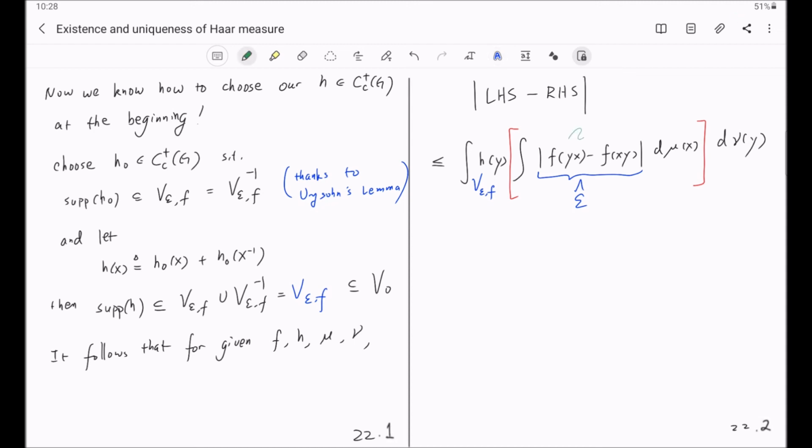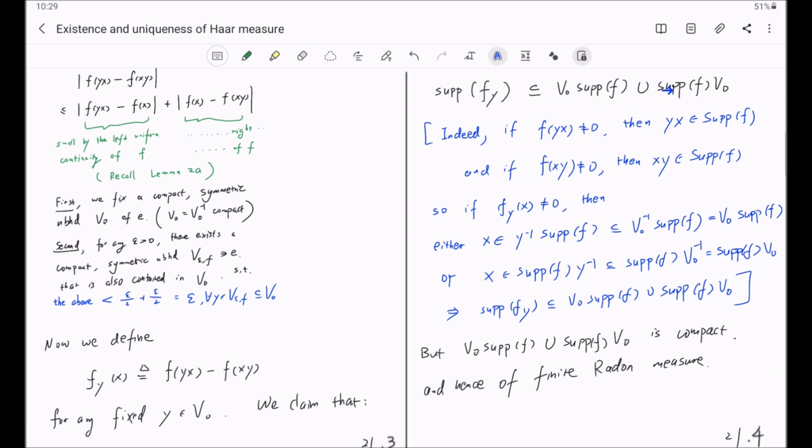And now if you look at this function, remember this function was called f_y of x. It has a support. Do you remember its support? The support of this function is contained in this guy. We checked this.